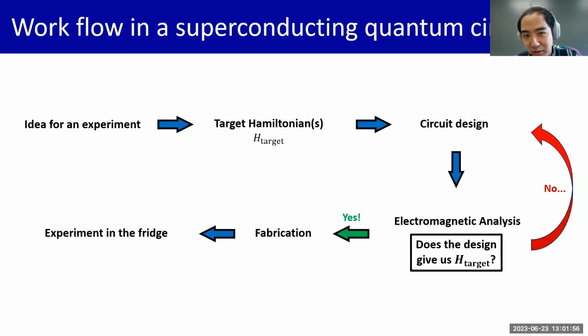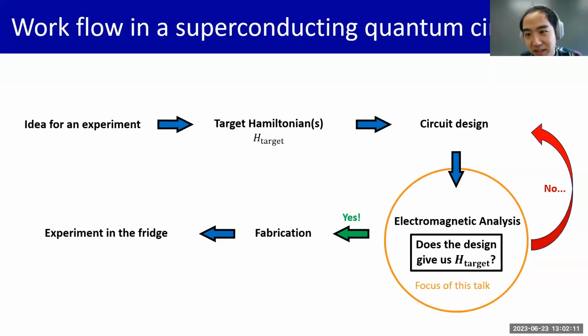Then we design a circuit to achieve that Hamiltonian. And then we have to do circuit analysis or electromagnetic analysis to see whether this design gives us our target Hamiltonian or not.